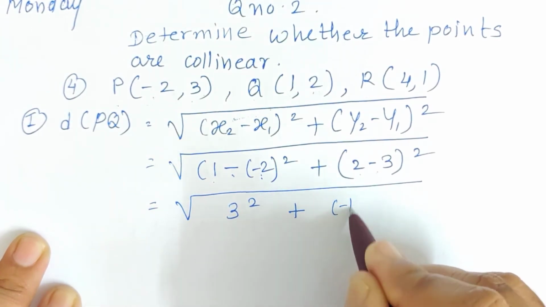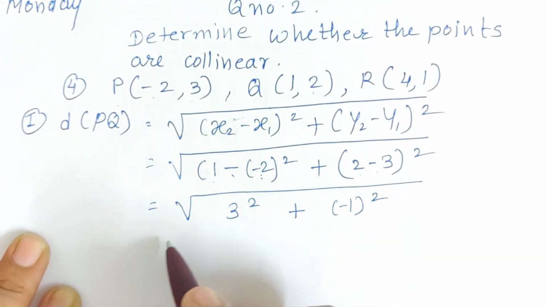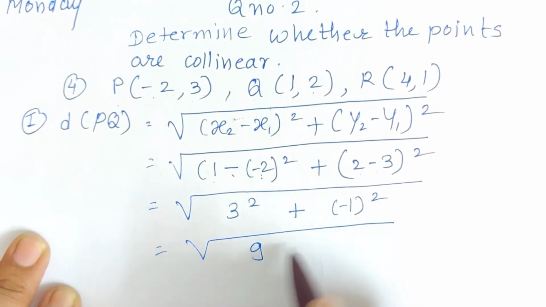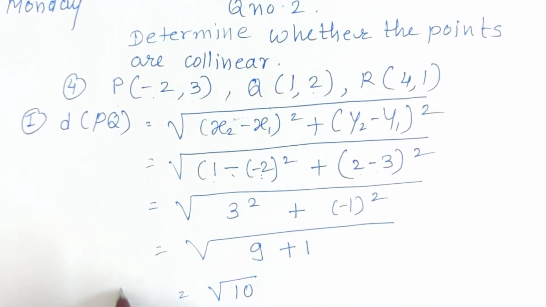So minus 1 square. 3 square is 9, minus 1 square is 1. That means we got under root 10. So you can say here distance of PQ is equal to under root 10.